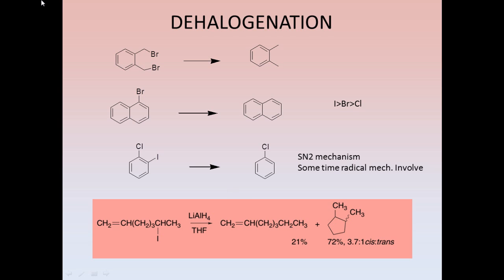For some substrates the SN2 mechanism works, for some substrates the radical mechanism is also involved. As for selectivity and reactivity towards dehalogenation, iodine is more readily dehalogenated than bromine, and bromine more than chlorine. So this is the story of dehalogenation by lithium aluminum hydride reduction.